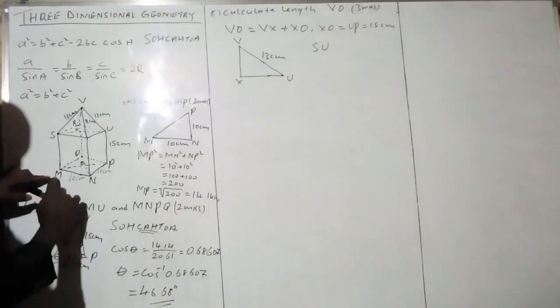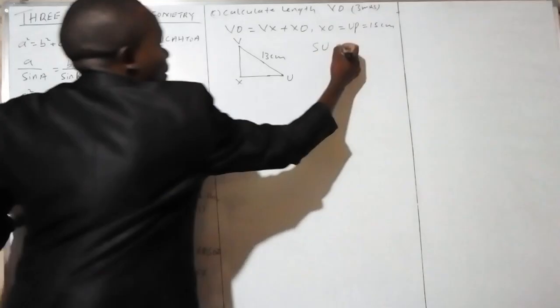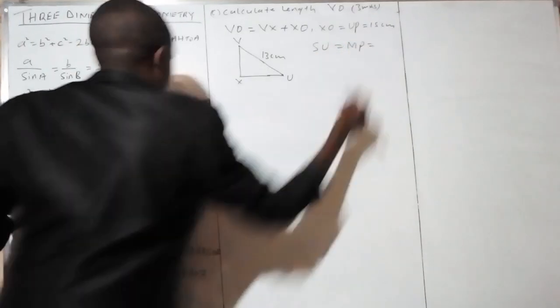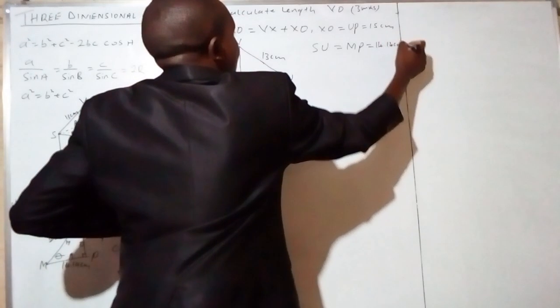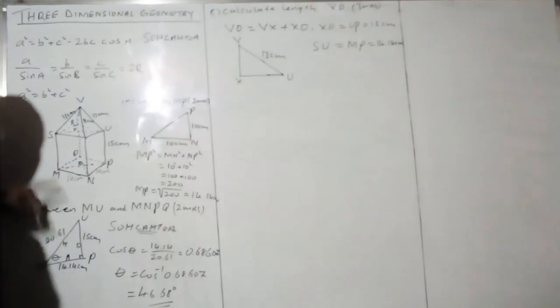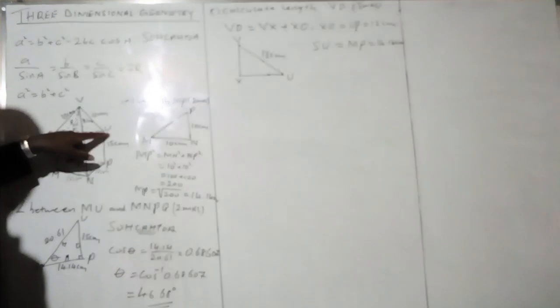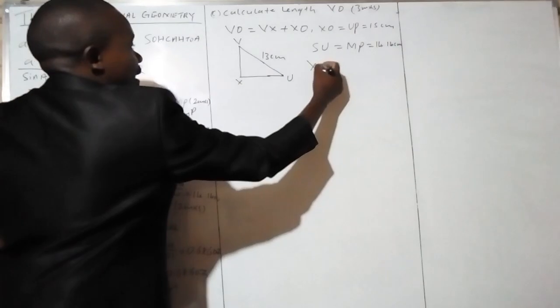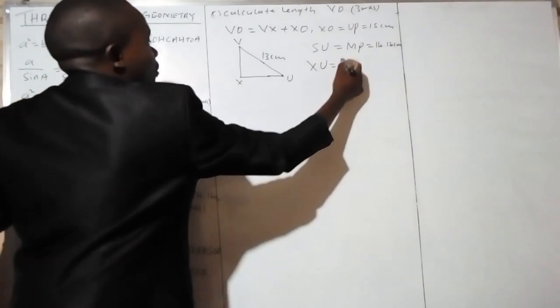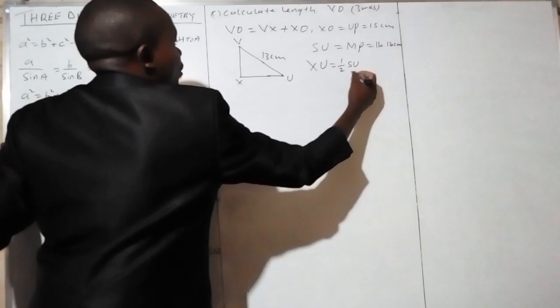But MP we had calculated here, 14.14 centimeters. Then XU is half of SU. But SU is 14.14.